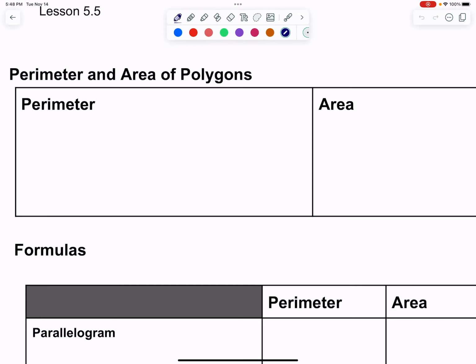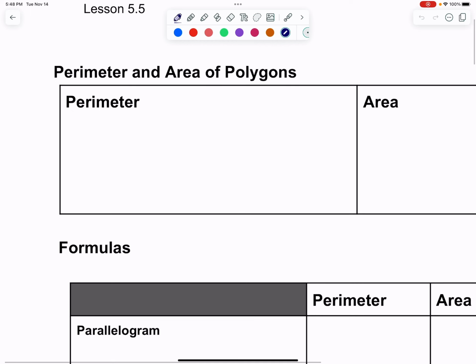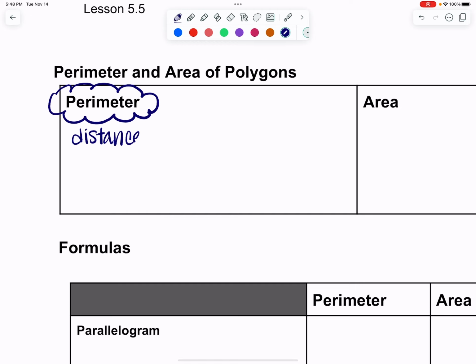So the first vocabulary word that may or may not ring a bell from previous lives is this guy right here. Perimeter is the distance around the outside of a polygon.